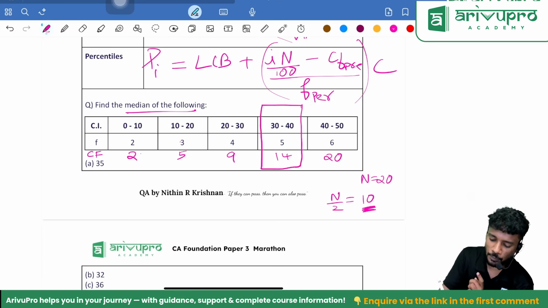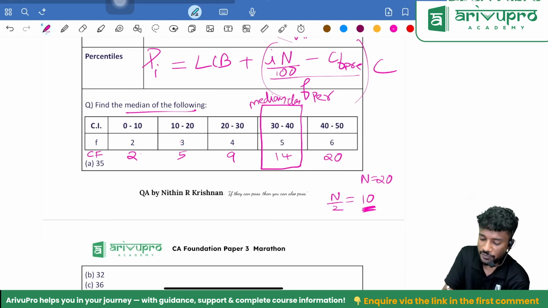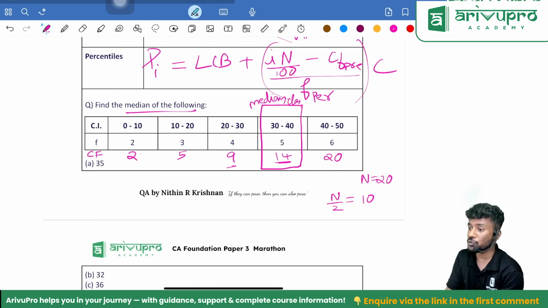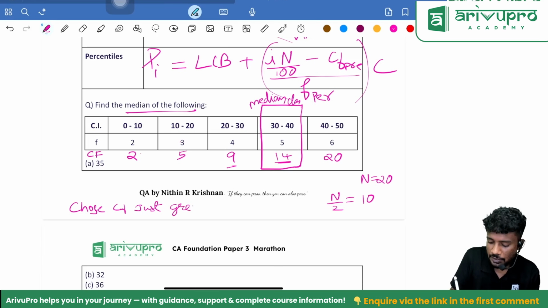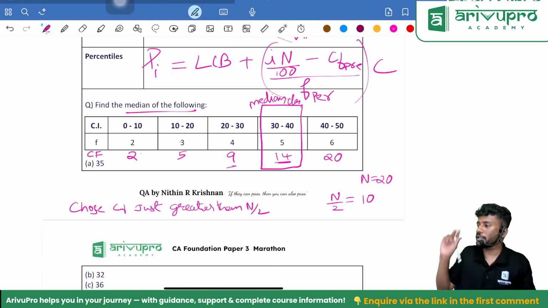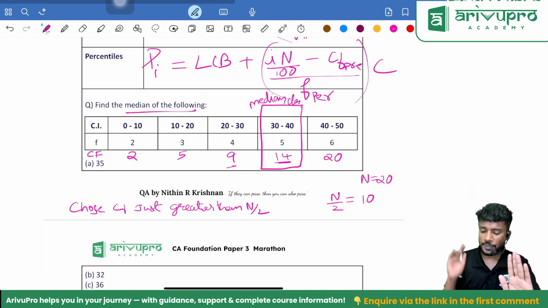Why? Because cumulative frequency 14 is greater than 10. The one above was 9. Can we choose that? No. The criterion is to choose the CF just greater than n by 2. So we got the median class.